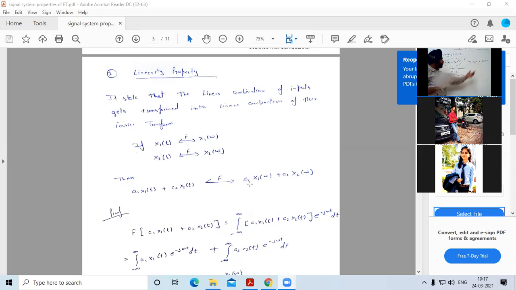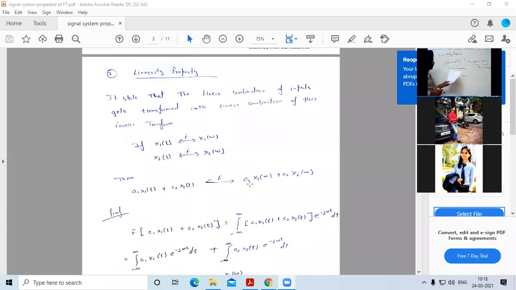This Fourier transform is also a linear combination of x1(t) plus x2(t).